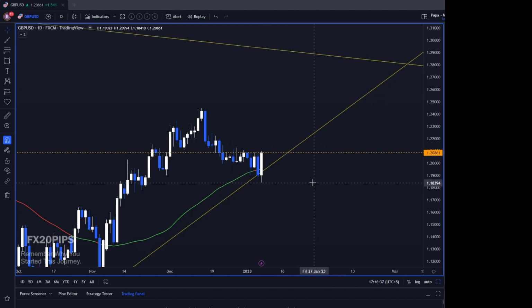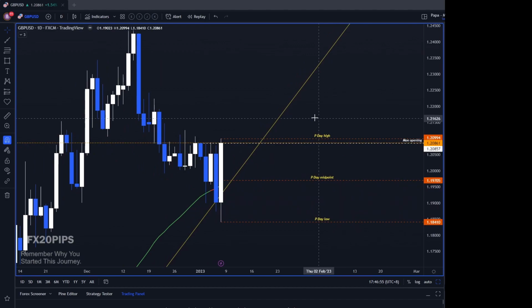Whether it has any significance, I don't know, but what I can see, based on my previous day settings, is that this was the Monday opening, and price actually went back to the Monday opening. This is Friday, Thursday, Wednesday, Tuesday, Monday. Monday was here, Tuesday, and Thursday price dropped to here, and from the news price went back all the way to the Monday opening.